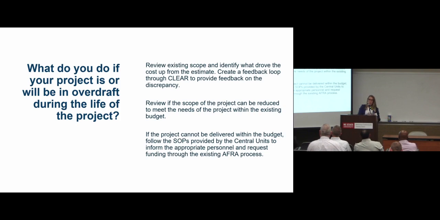Getting back to John's group to share that information so estimates coming forward are more accurate, creating those feedback loops through the CLEAR program. While something happened to not have your project within the budget you were anticipating, we don't want to make that mistake again, so make sure you take the time to take those corrective actions and share that information.